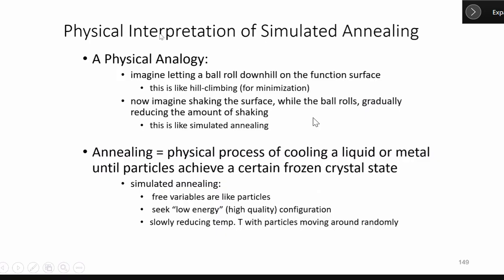For an interpretation of simulated annealing, imagine letting a ball roll downhill on the function surface. If you keep the ball at the top, for minimization, it will roll downhill on the function surface. Now imagine shaking the surface while the ball rolls, gradually reducing the amount of shaking.